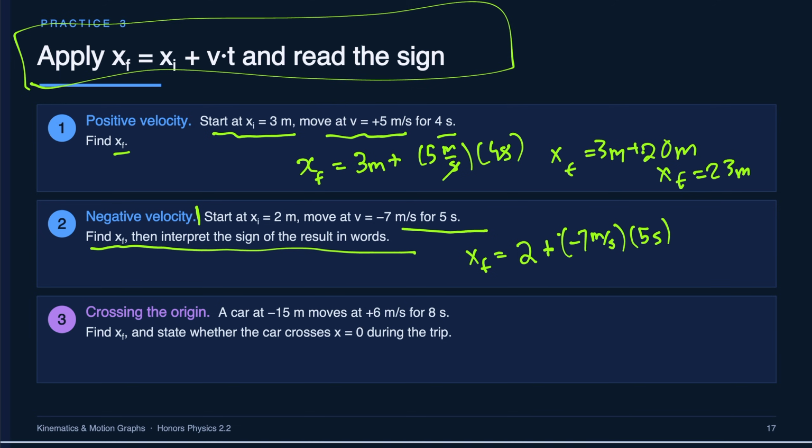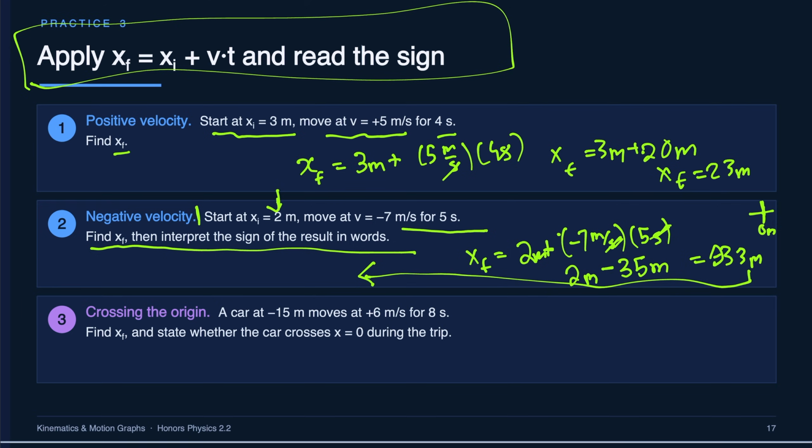That means we moved negative 35 meters. 2 meters minus 35 meters gives us negative 33 meters. This means 33 meters to the left of the origin point, or whatever point you call 0 meters. That's what the negative means, the opposite direction of the positive 2 meters.